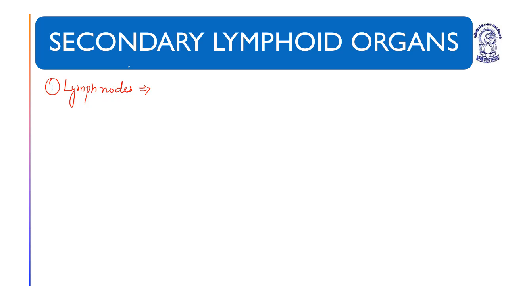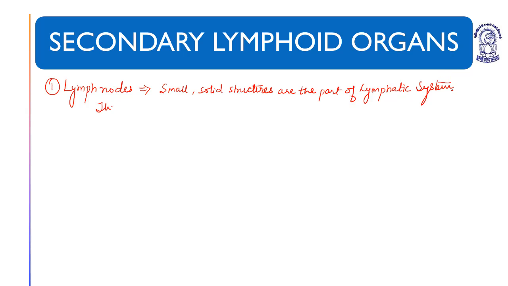Lymph nodes are small solid structures, which are part of the lymphatic system. They are basically composed of lymphoid tissue.